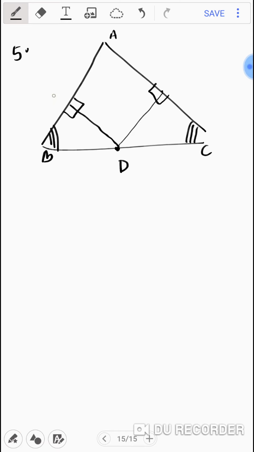I'll name them L and M. Further, they have said prove that the perpendiculars from the midpoint of BC to AB and AC are equal. That means first you have to prove that DL is equal to DM.